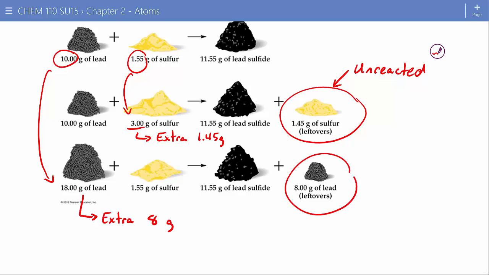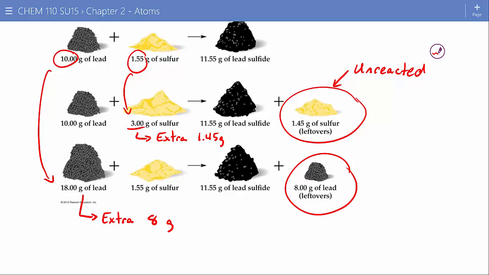Which means, again, we've got 8 grams of lead that's left over. It doesn't matter if you add extra. In this case, the sulfur is limiting the reaction and not the lead. So just because you add more lead doesn't mean you're going to get more product. You would have to add more lead and more sulfur in order to get more lead sulfide out of this reaction.